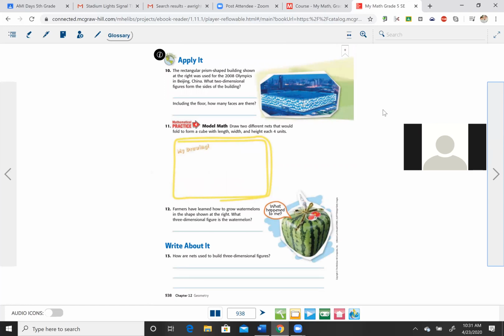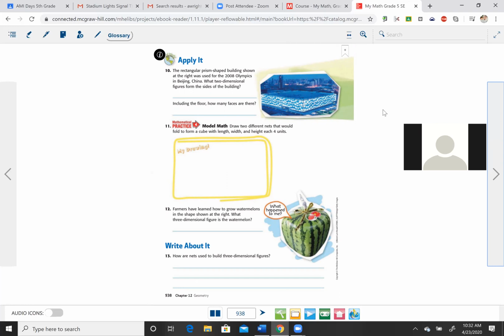So Caesar, you are currently in a room, correct? You are currently inside your house? Yes. Okay. So how many walls are in that room? 1, 2, 3, 4.